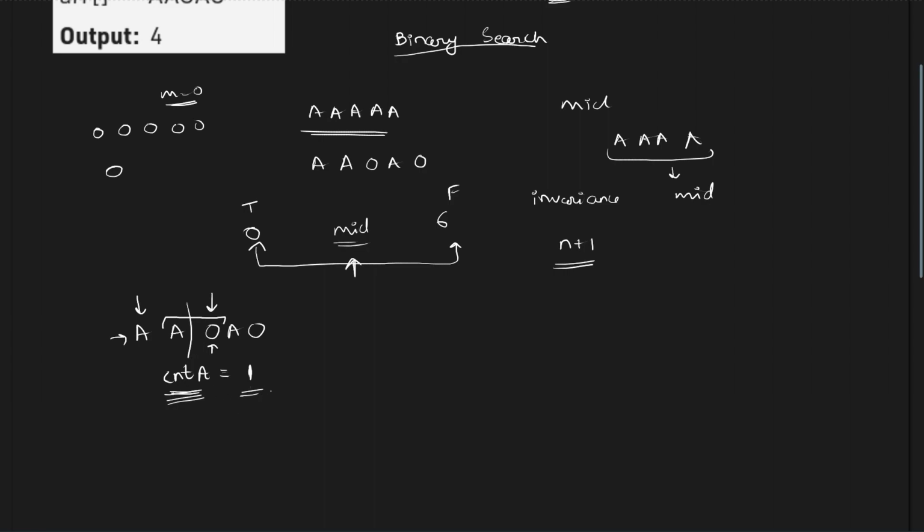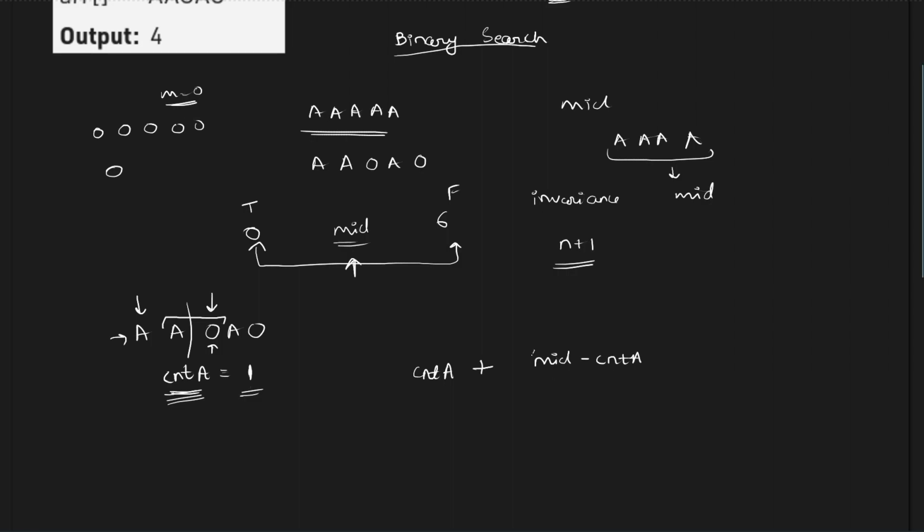Now I have the count of A for any given substring. Now what I do is I add something to it. What can that be? The maximum length of the substring is mid, and I have already counted the number of A's.